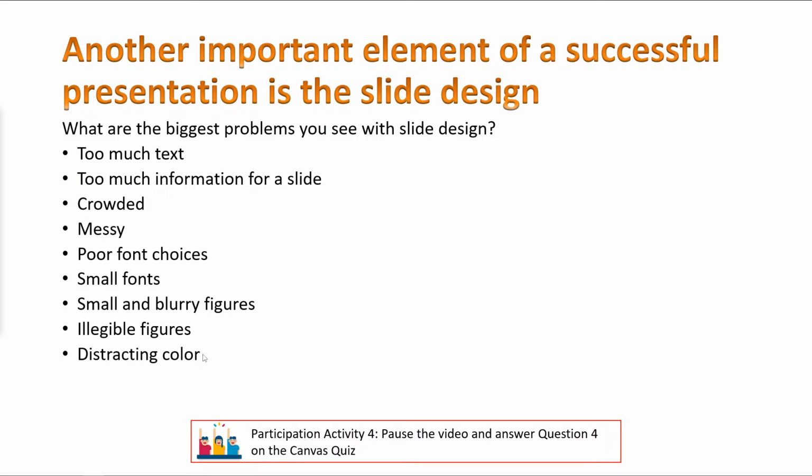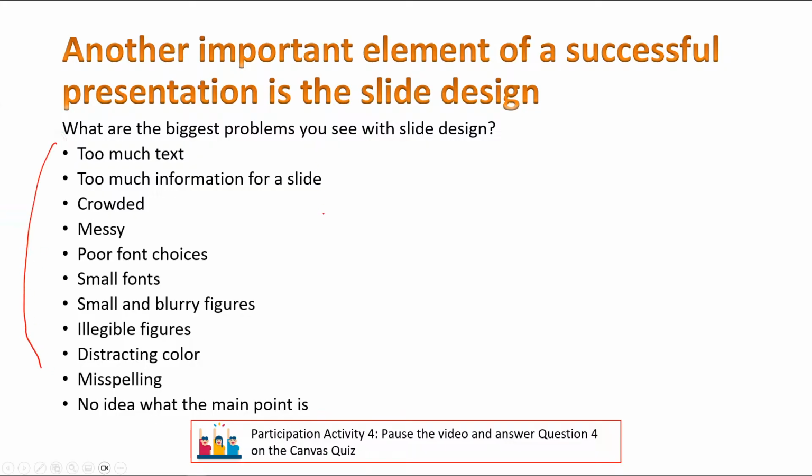Distracting colors, spelling mistakes or typing mistakes. But the most important one, and that's why I'm showing you this slide, because we will talk about this in the next video, is the one that relates to our lesson here: no idea of what the main point is.